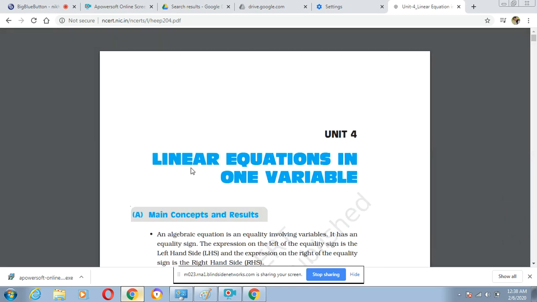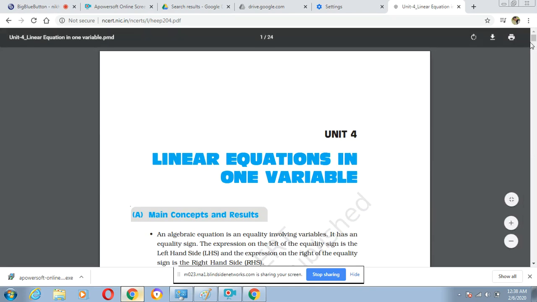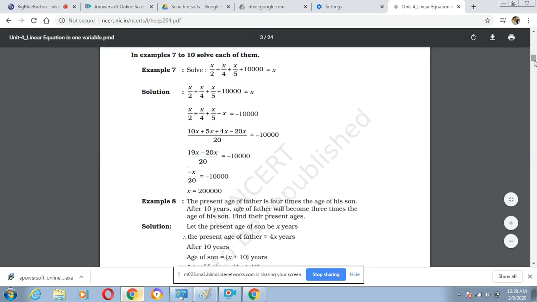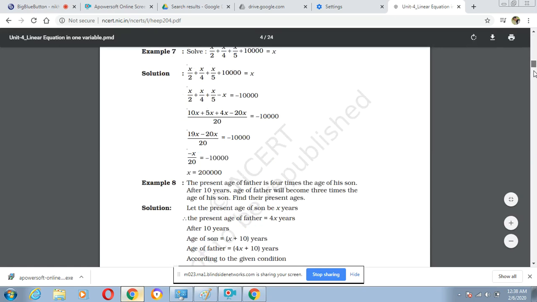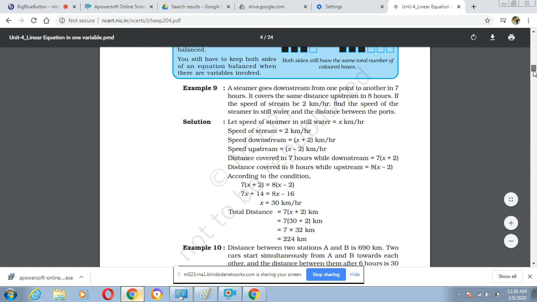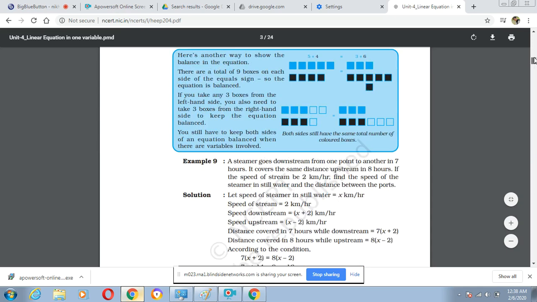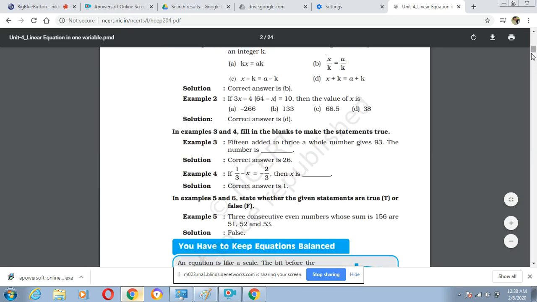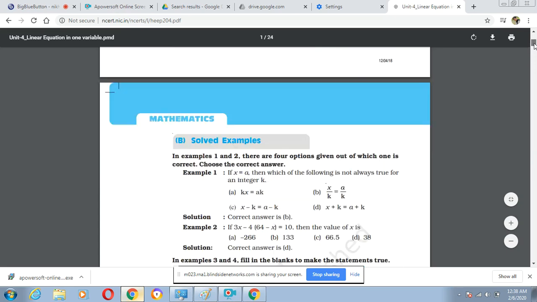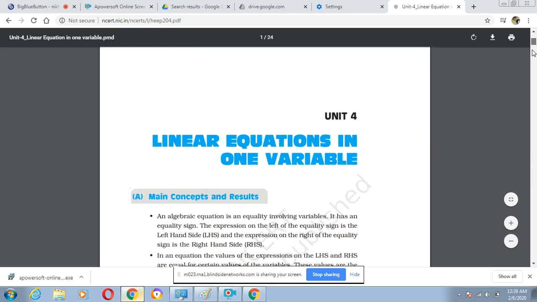We are already 8 minutes ahead, no issue. Just 1-2 minutes more. You can take a screenshot. I'll give you some homework. Shall I give you solved questions or unsolved? When is your test? My test is tomorrow actually. Okay, I'll give you solved questions so that if you don't know the answer, you can see the solutions. Okay, thank you.